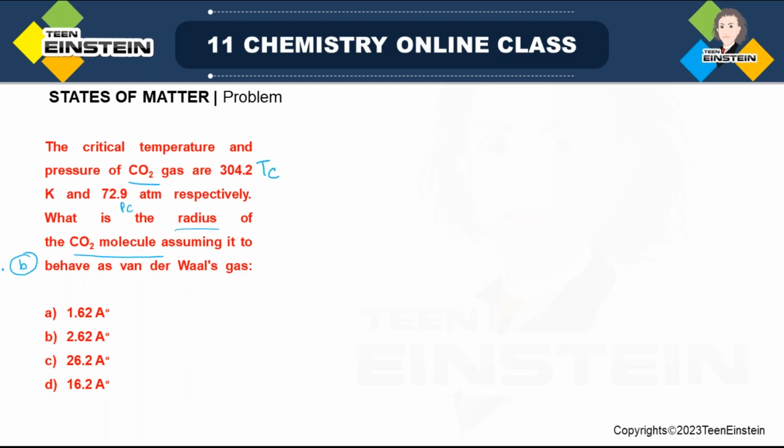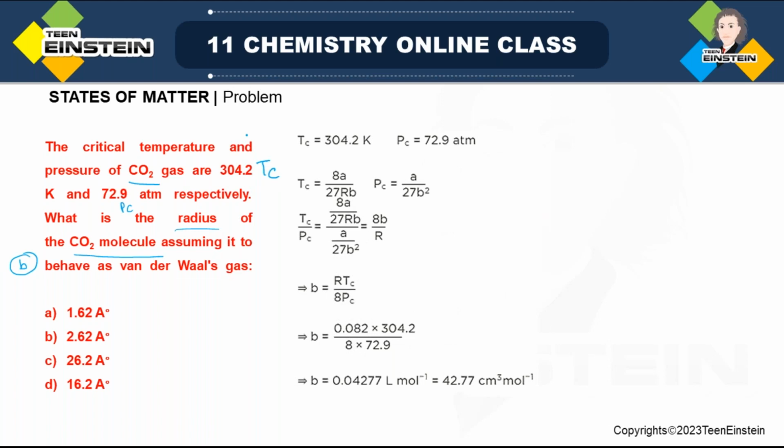Okay. So from Tc and Pc, the formulas that we have already seen, we will use those formulas. This is the value of Tc given, this is the value of Pc given. This is the formula for Tc, 8a by 27Rb. This is the formula for Pc. Suppose this is equation 1, this is equation 2.